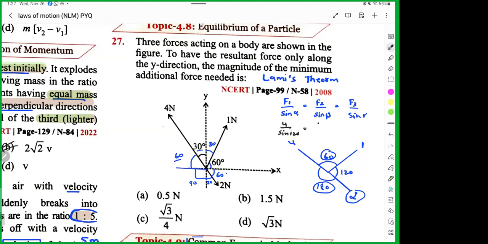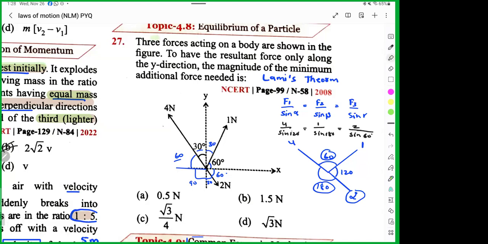If I am saying 1, what is the opposite to 1? Sin 180. And if I'm taking 2, what is the opposite angle to the 2? Sin 60. Done. बस यही था. Yes or no, guys? Opposite angle. Done. Understood? Yes, sir. If you understand this, what it is asking.